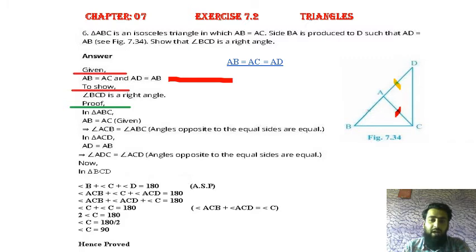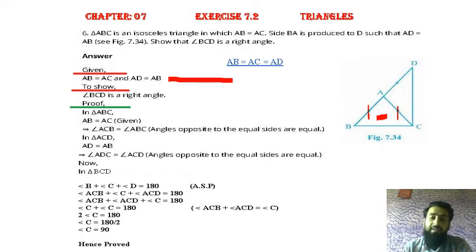For the proof, I will first consider triangle ABC. In this triangle, side AB and side AC are equal to each other. We have stated this theorem already: if in a triangle two sides are equal, then the angles opposite to those two sides will also be equal.